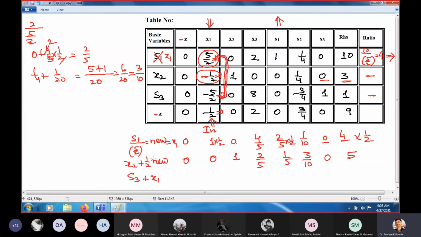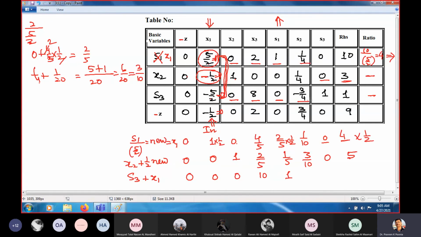New. Clear? So here we are not dividing directly, we are adding. 0 plus 0, it is 0. 5 by 2 minus 5 by 2, 0. 0 plus 0, 0. 2 plus 8, 10. 1 plus 0, it is 1.